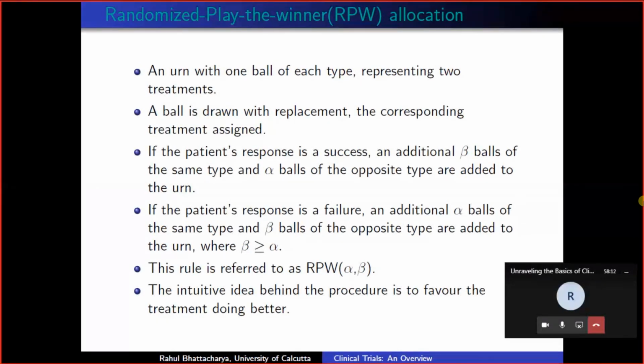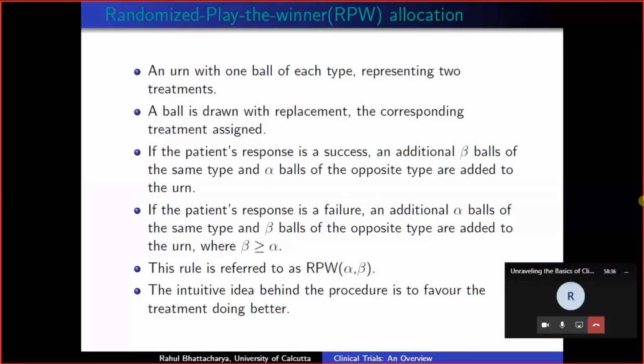Next, if the patient response is a failure, additional alpha balls of the same type and beta balls of the opposite type are added to the urn. So definitely beta is greater than or equal to alpha, because you want to increase the selection probability. This rule is referred to as RPW alpha beta. The intuitive idea behind the procedure is to favor the treatment doing better.